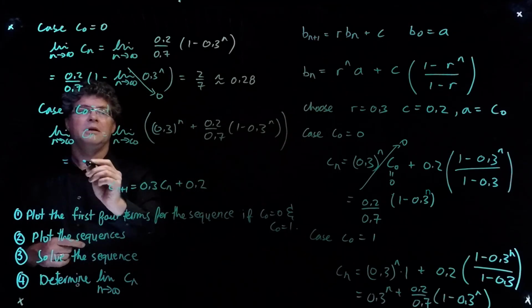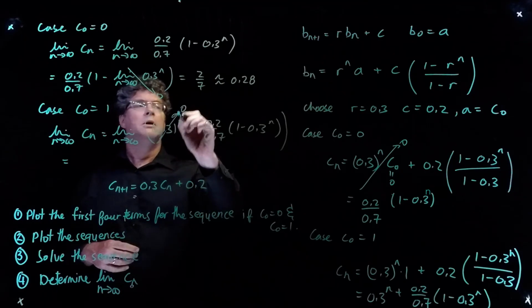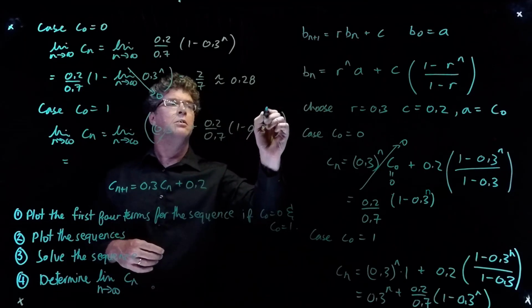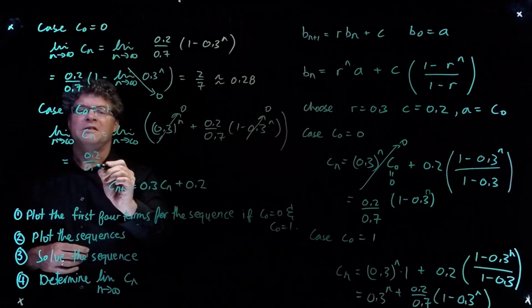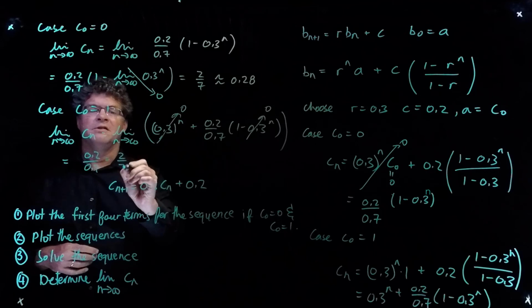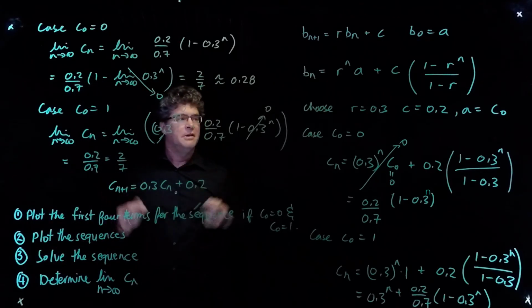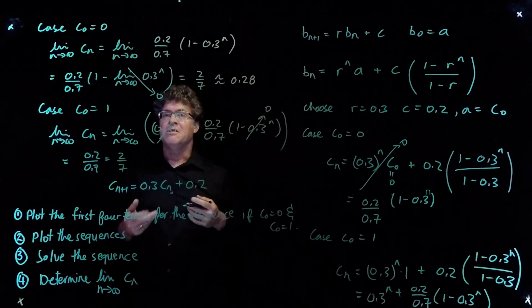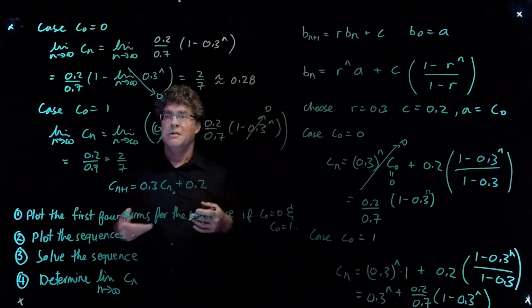And so this term here will go to 0, and this term here will go to 0. And so we'll have 0.2 over 0.7, which is 2/7 for the answer here as well. And so notice both of these sequences are approaching the same value, 2/7, as n goes to infinity.